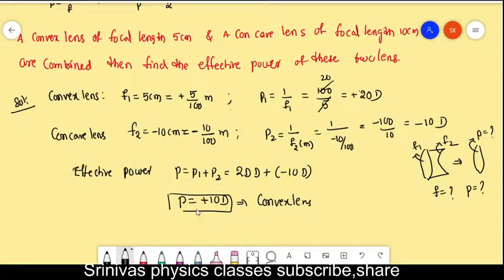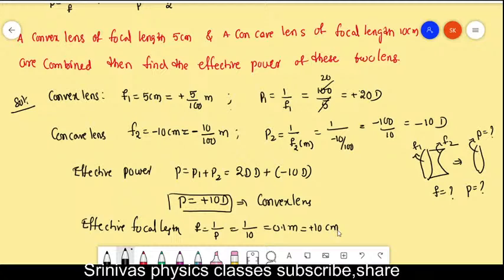What is the effective focal length if you want to find out? It is very simple. Power P is equal to 1 by F, then F is equal to 1 by P. That is 1 by 10 diopters. Effective focal length is 0.1 meters. If you convert into centimeters, you will get 10 centimeters.